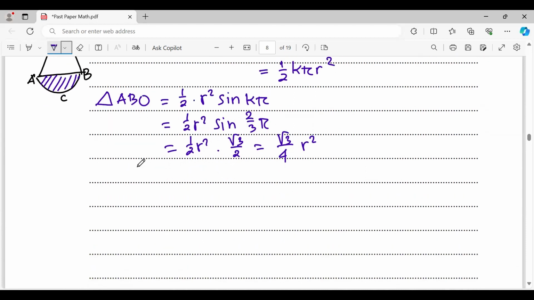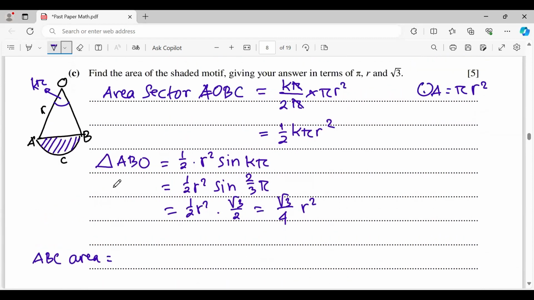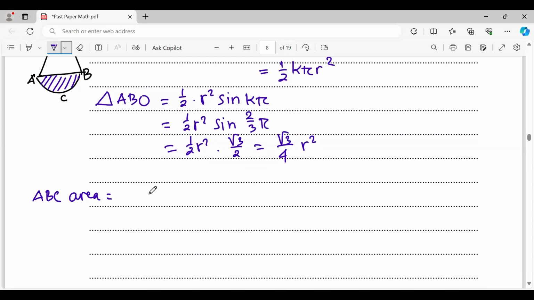And then the area ABC equals this sector area minus the triangle, minus square root 3 over 4 r squared.